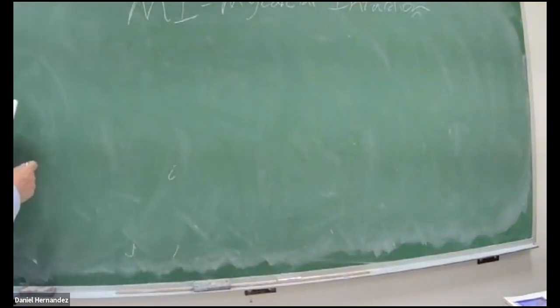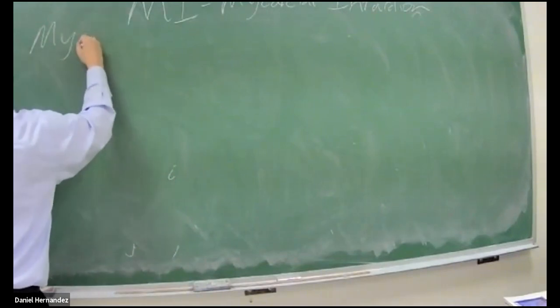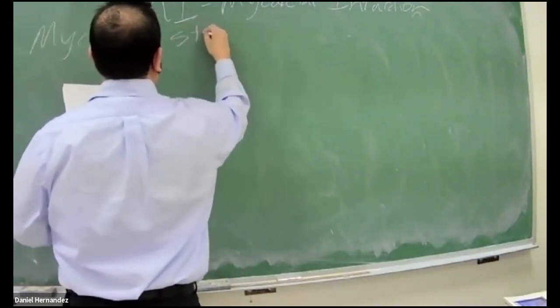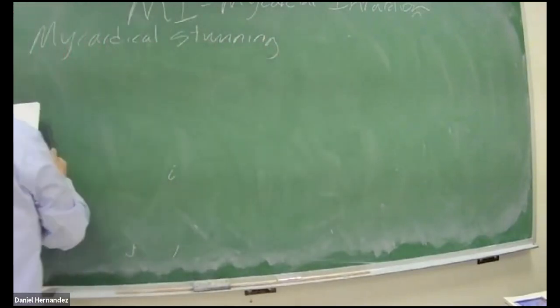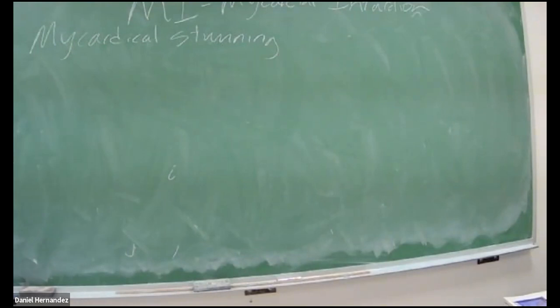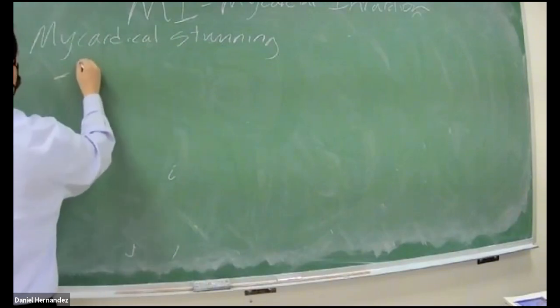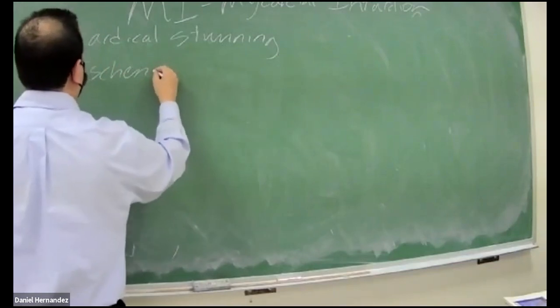So when we have a short ischemic period, we have something called myocardial stunning. This is with ischemia for about 20 to 60 minutes.